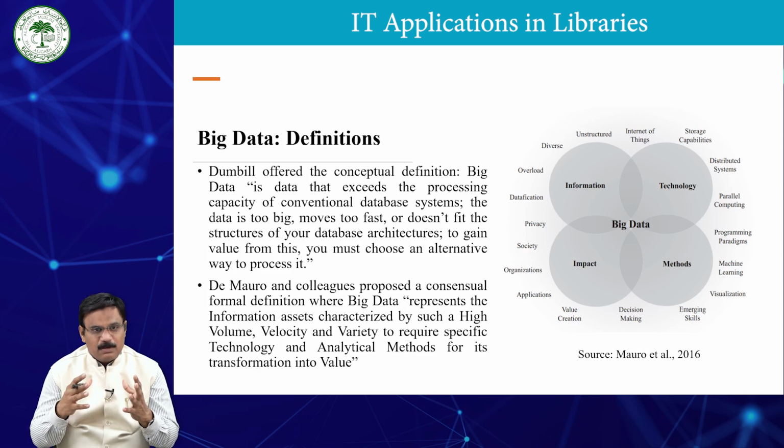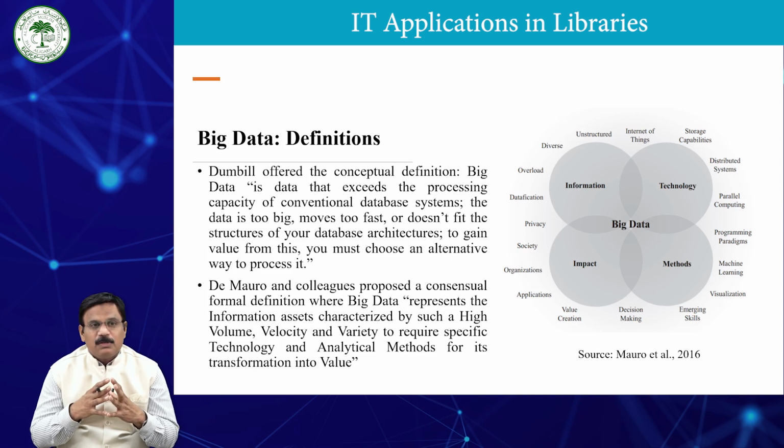Dumbill defined big data as, quote, data that exceeds the processing capacity of conventional database systems. The data is too big, moves too fast, or doesn't fit the structures of your database architectures. To gain value from this, you must choose an alternative way to process it.